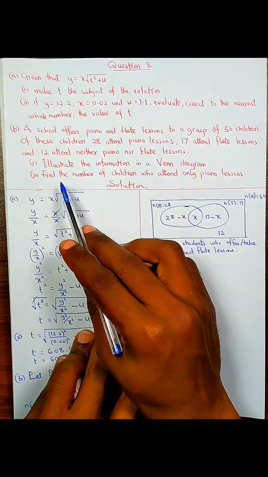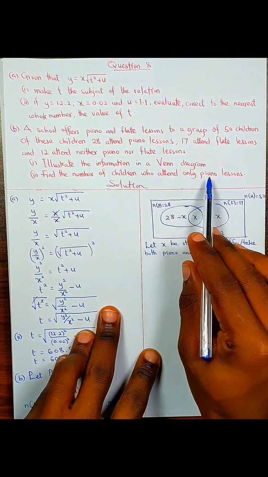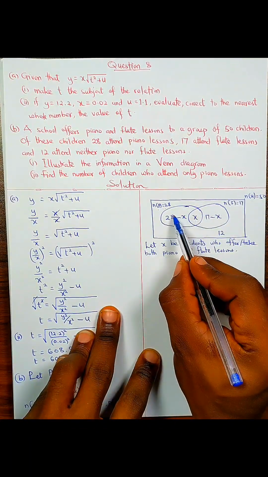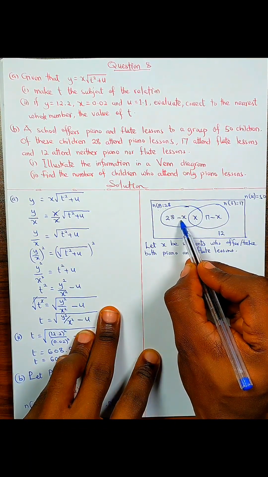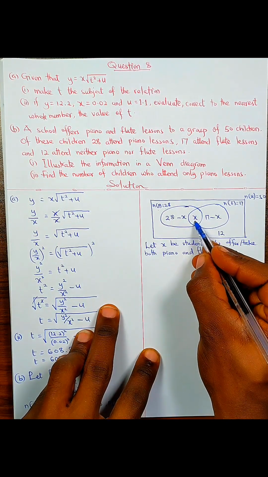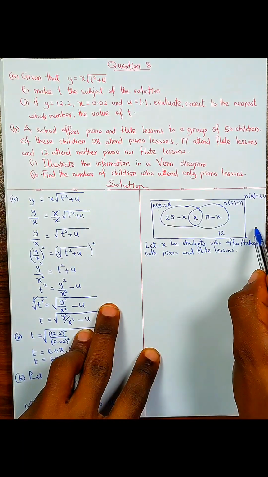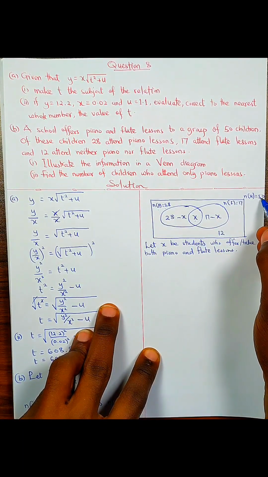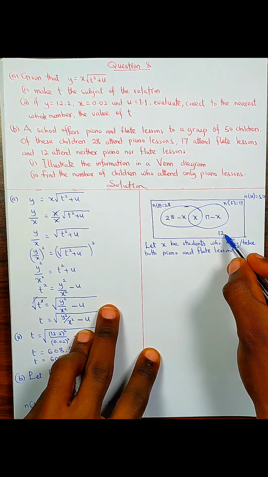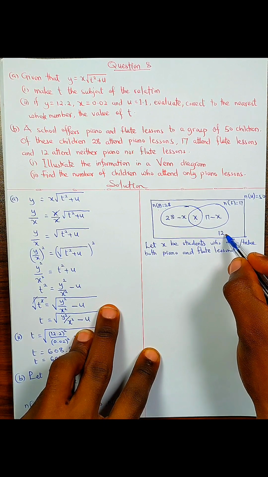That is one. But we need to find the number of students who attend only piano lessons. Only piano lessons means 28 minus X. So it means we need to find this X. How do you go about it? You are going to add all the elements in the Venn diagram and equate it to 50, including those who study neither piano nor flute.